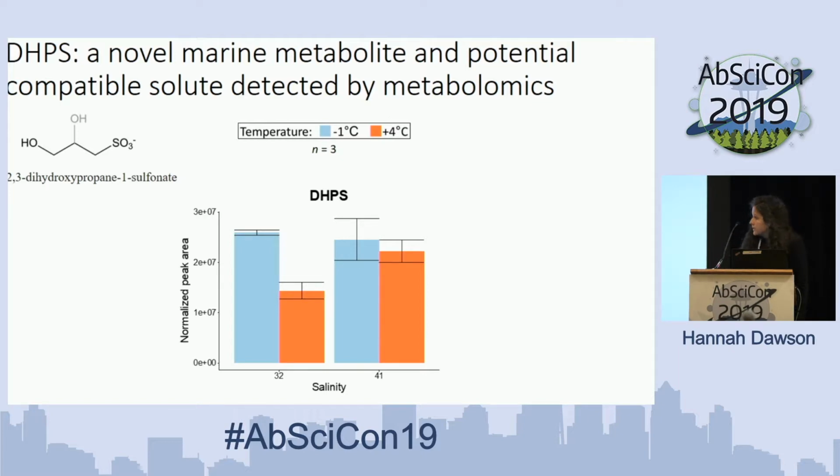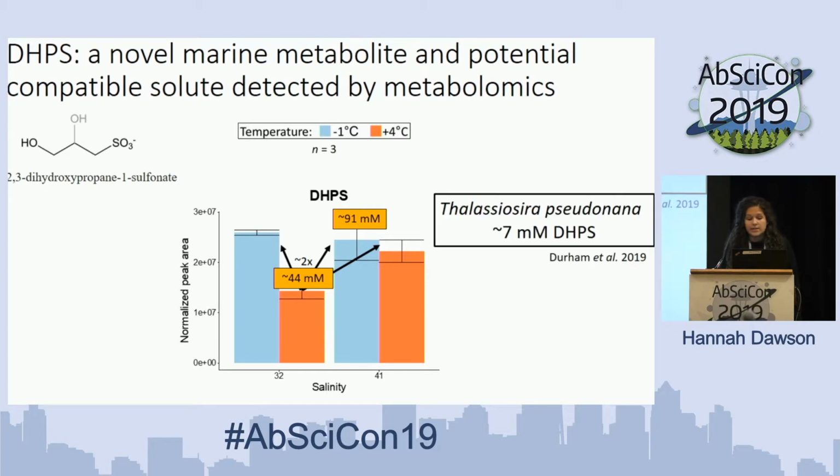And we are seeing similar results here, where DHPS was increased around twofold in response to cold temperature and to higher salinity, but again, not the additive effect we saw with proline, but reaching really high intracellular concentrations up to 91 millimolar.